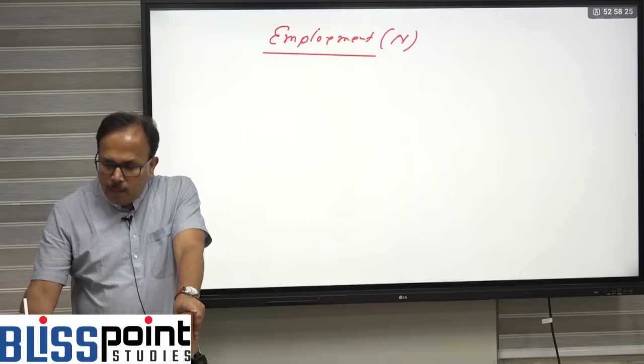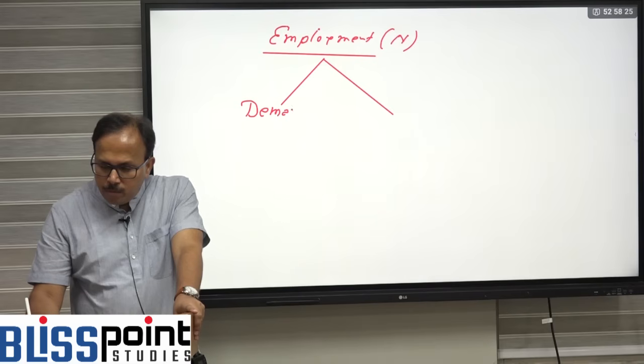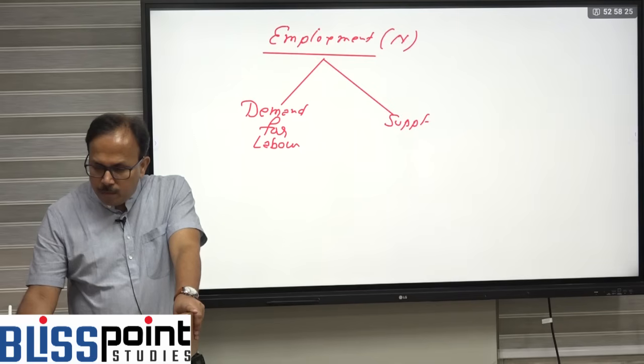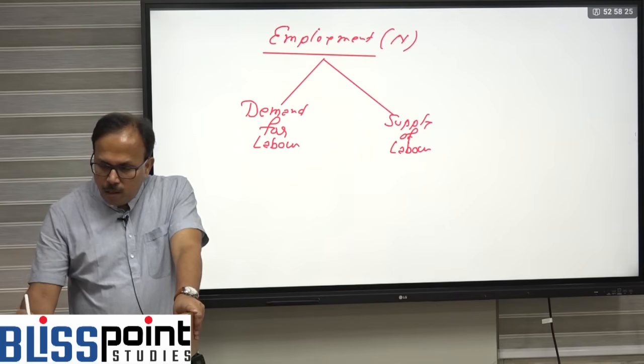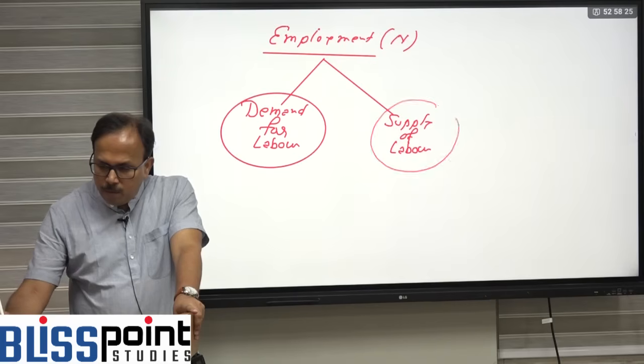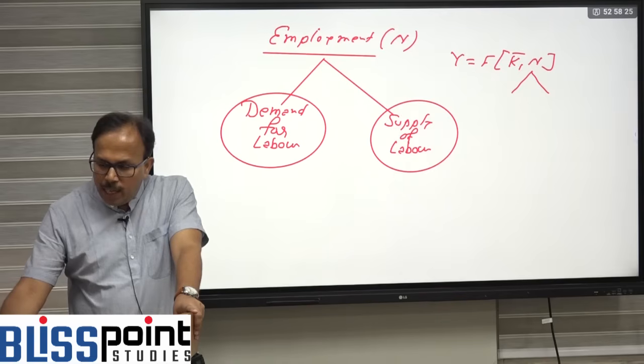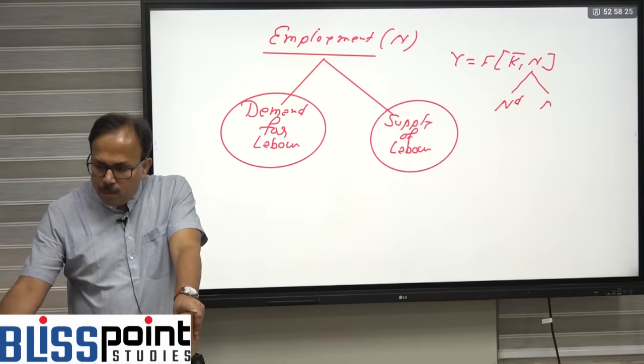Now employment will be determined by demand for labor and supply of labor. That means you have written Y as a function of capital, which is held constant, and employment of labor. And now we are determining that this N is determined by labor demand and labor supply.